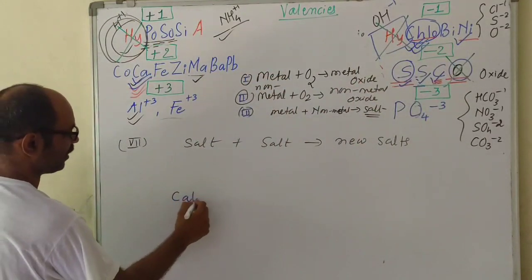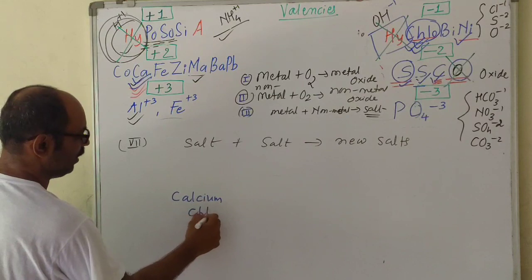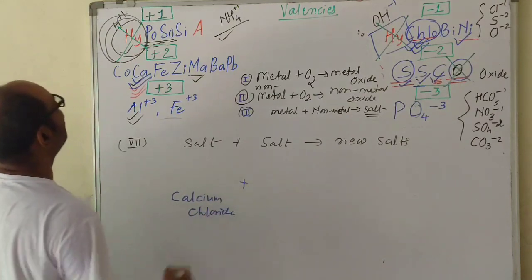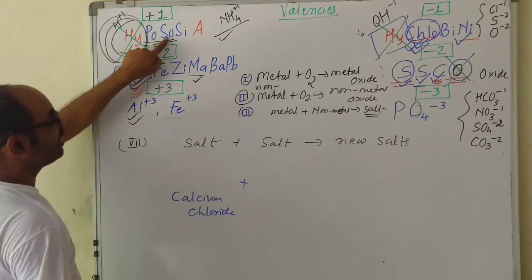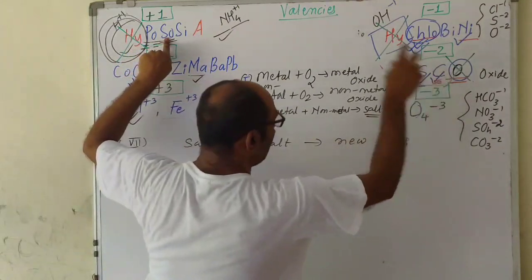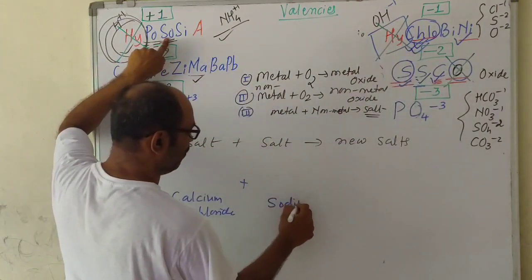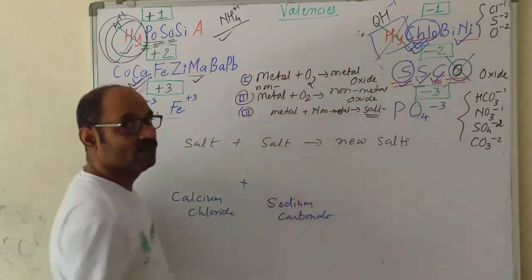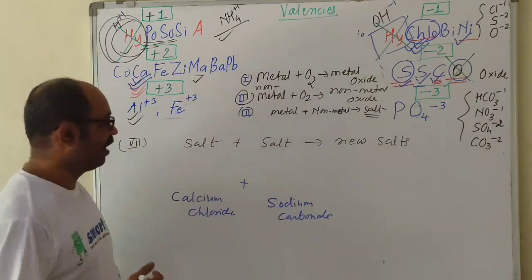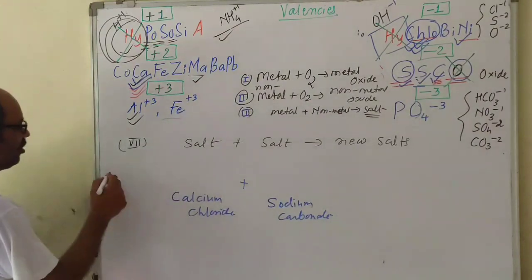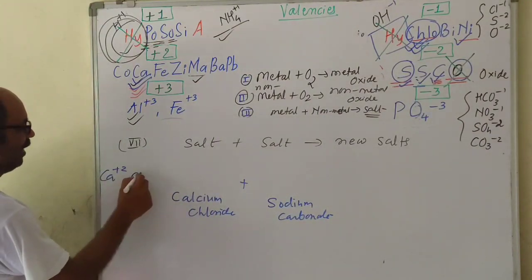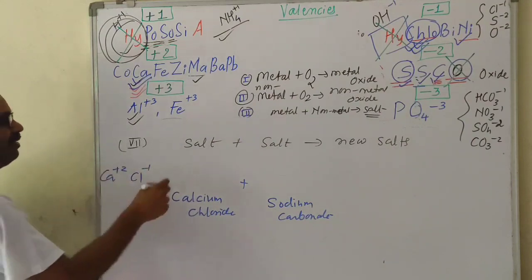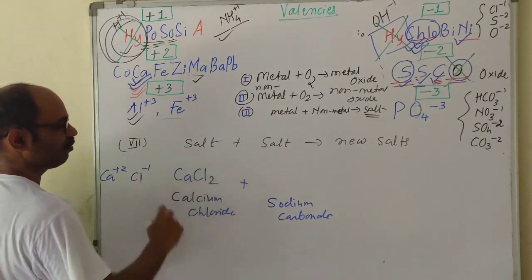So name of the salt is calcium chloride. Another salt, sodium carbonate. Sodium carbonate. Any metal in there. Have a good practice of writing the chemical formula of salt. Chalo, calcium Ca plus 2, chloride Cl minus 1, Ca1 Cl2. That is the formula of calcium chloride.